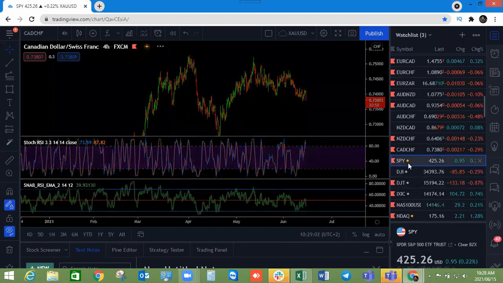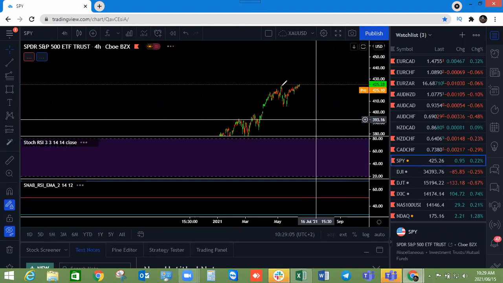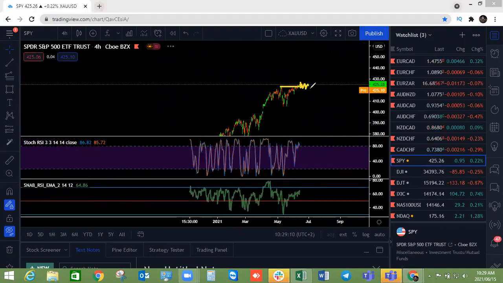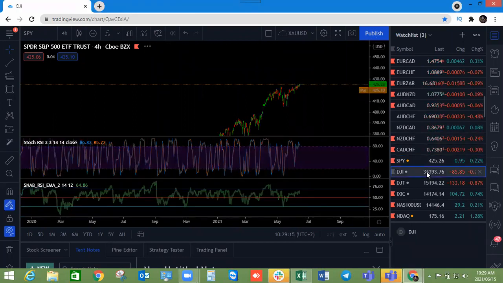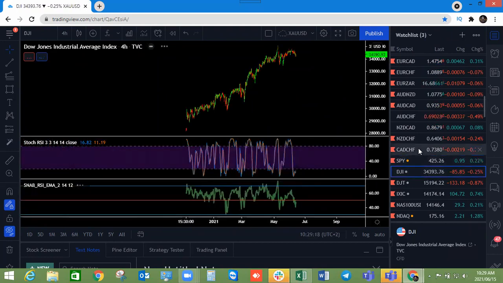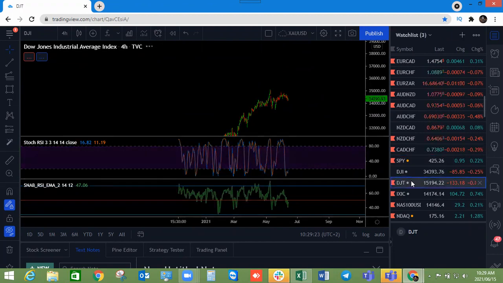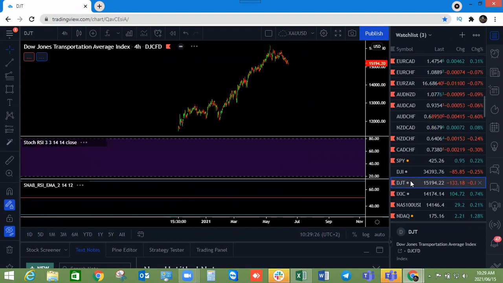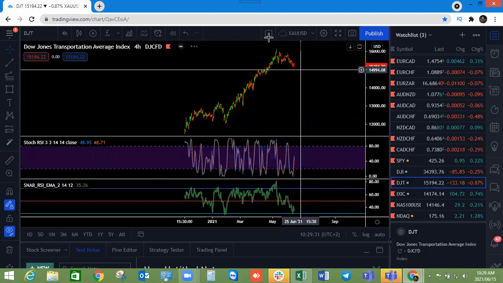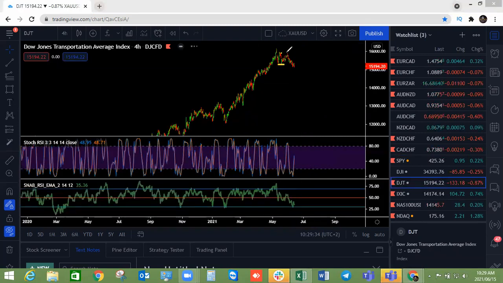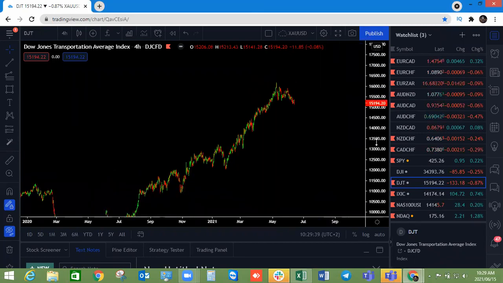The indices. We've taken the previous high here on the S&P 500. Look for 1-hour corrections here for upside. The Dow Jones Industrial, Dow Jones Transportation. I want to see something here between Dow Jones Industrial and Transportation.